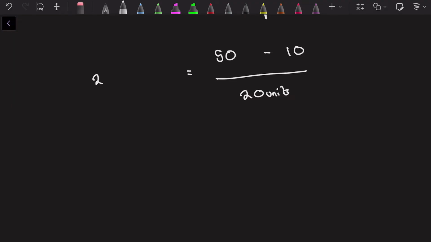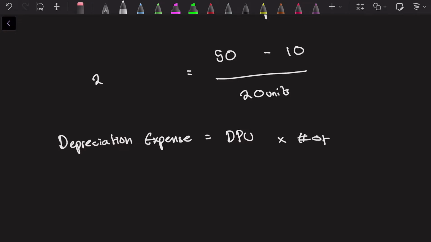Then the next formula is kind of straightforward, but it's depreciation expense. Depreciation expense is the depreciation per unit, which we just found to be 2, I'll just write that as DPU, times number of units. So if the question asks, what is the depreciation once my machine has produced 10 units?